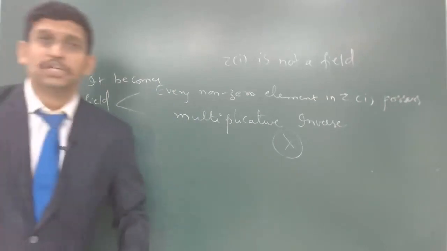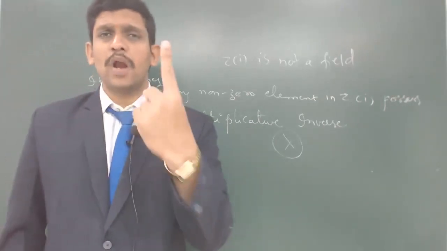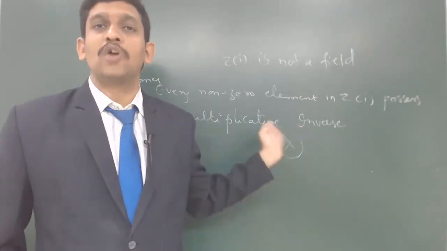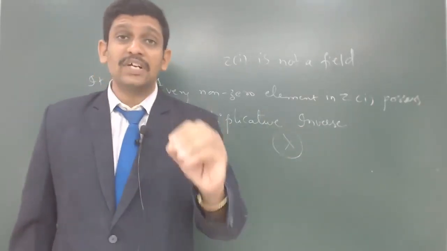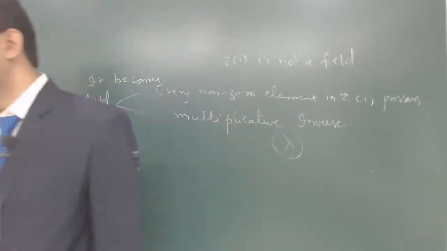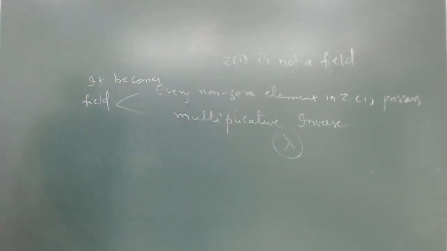That means you can find at least one non-zero element such that the inverse will not belong to that set. The inverse will exist, but it does not belong to the set. Okay? Are you getting the logic?